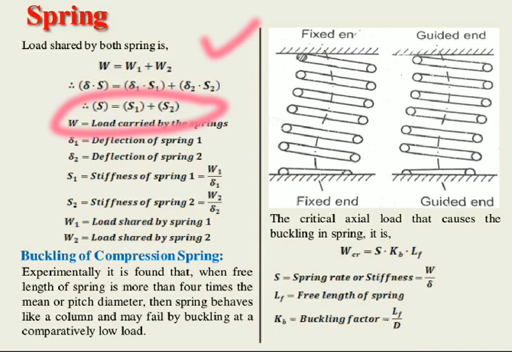That means at high load it may fail, but at low load it may also fail when the free length is more than 4 times its pitch diameter or mean diameter.